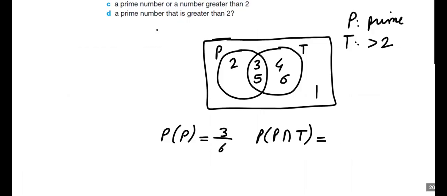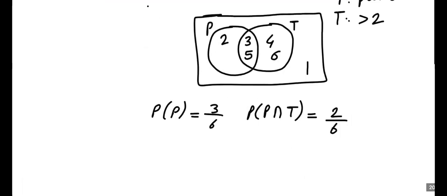Look at what I've written. I'm looking for the intersection. How many things do you see in the intersection of P and T? Two things, exactly. 3 and 5, that's it. 2 over 6, exactly.